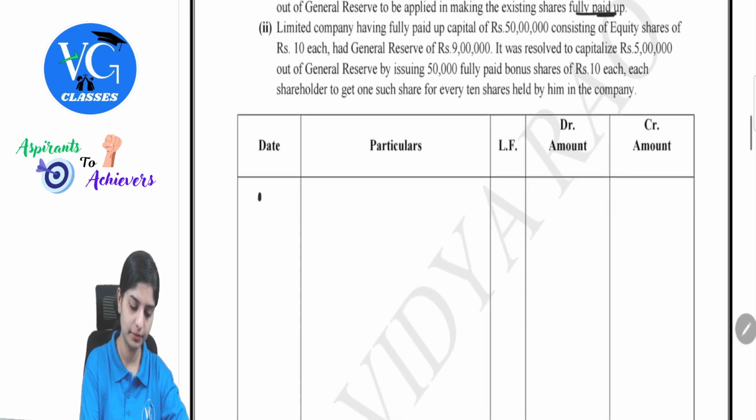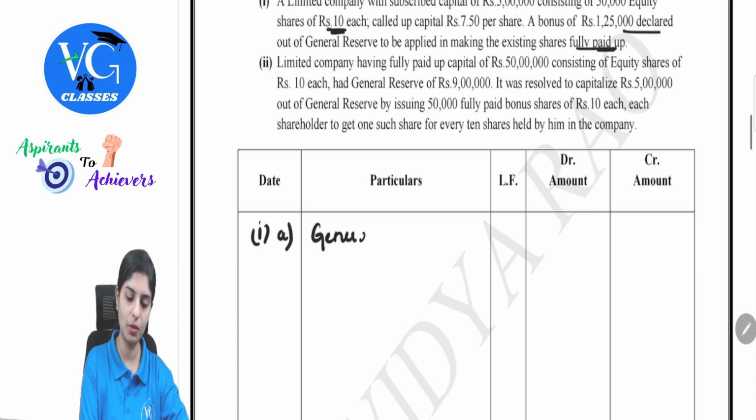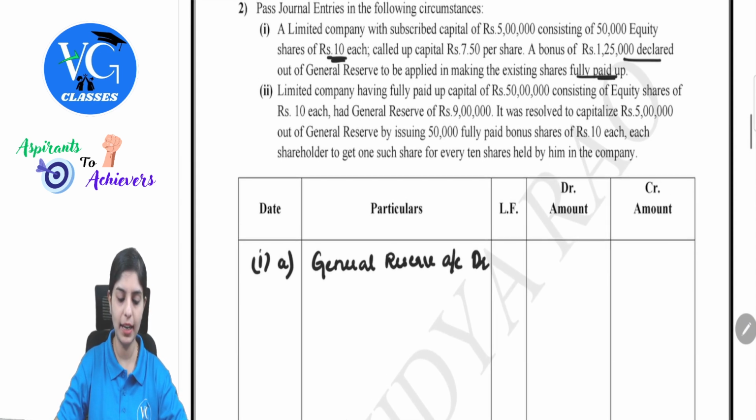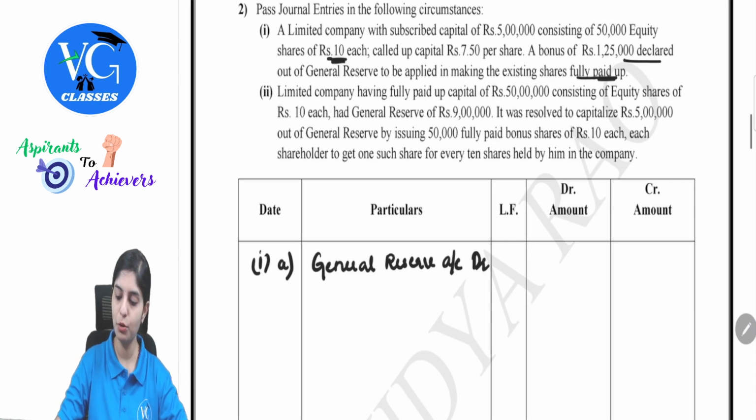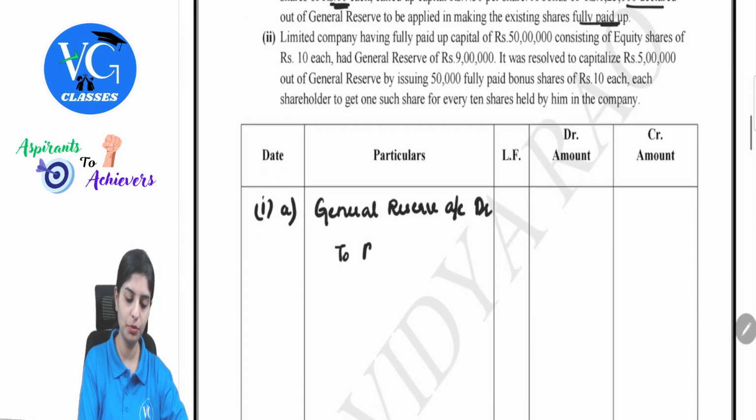First case, general reserve account debit. How are we getting 1,25,000? Out of 10 rupees, 7.50 is paid. That means how much is the balance? 10 minus 7.50 is 2.50 into 50,000 shares. This is nothing but 1,25,000.